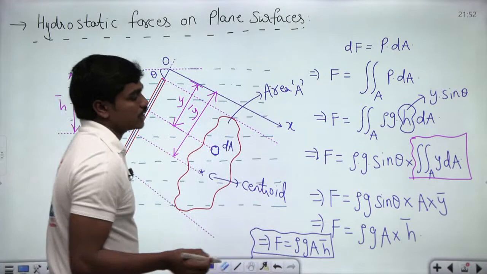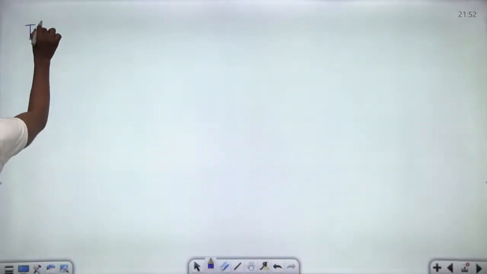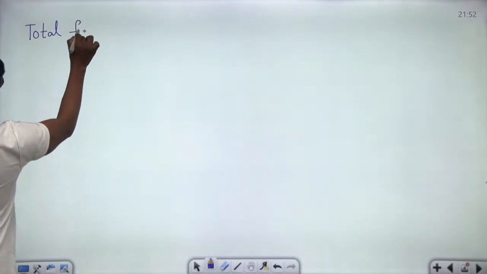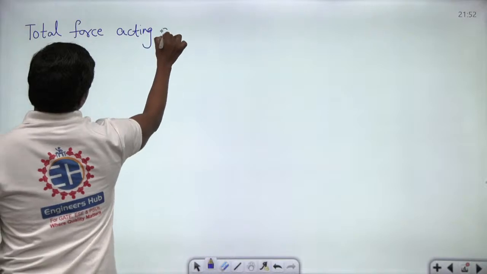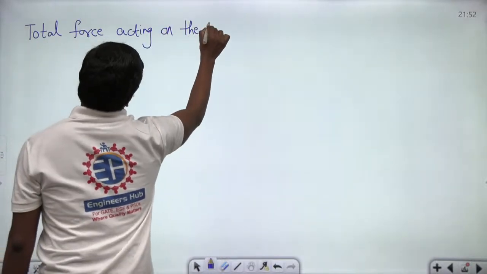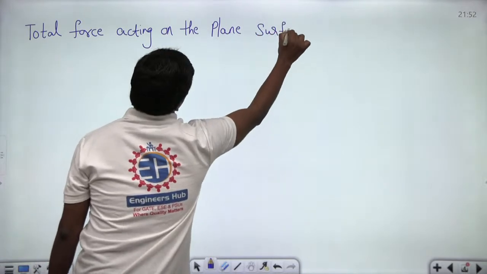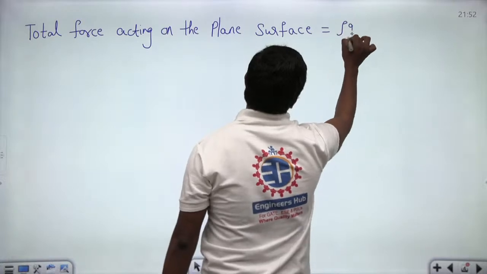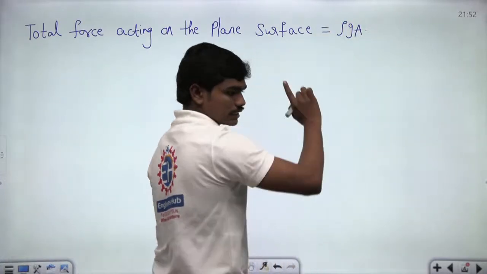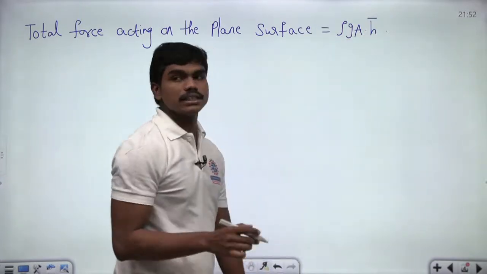Okay. So, the total force acting on the plane surface is equal to rho g A h bar, and of course, all these things are constant, and this h bar depends upon the inclination at which you are inclining this surface, correct?